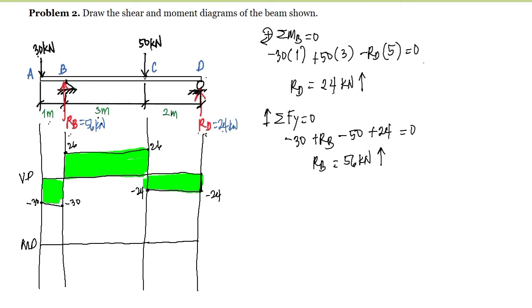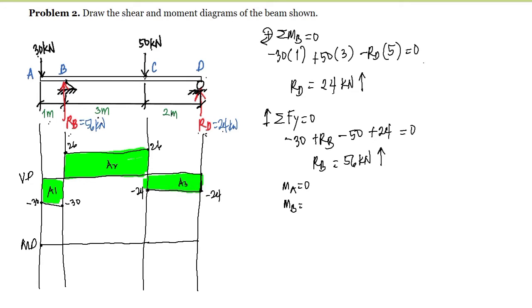For the moment diagram naman, so our moment at A is equal to 0. So 0 tayo dito. Then our moment at B is just equal to this area here, and we call this area 1. So this is area 2, and this is area 3.